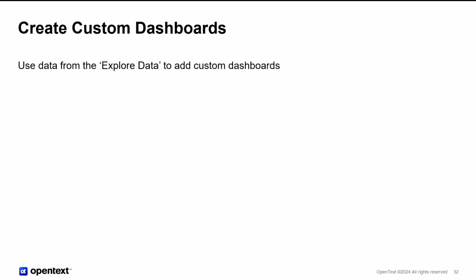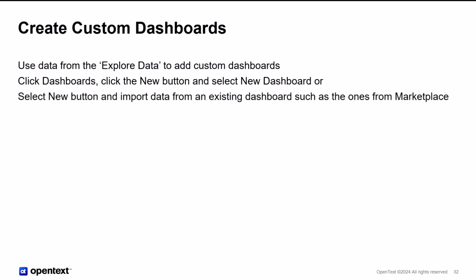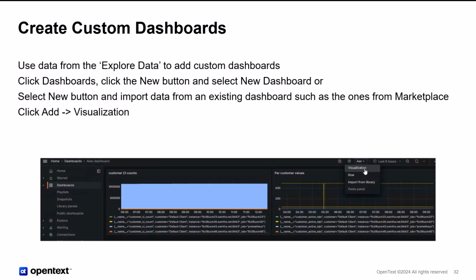Now we can go on to creating custom dashboards. So use the data from the Explore Data to add to custom dashboards. Click on Dashboards and then New button, and then select a new dashboard, or you can select the ones that exist in Marketplace. You can click Add Visualization.